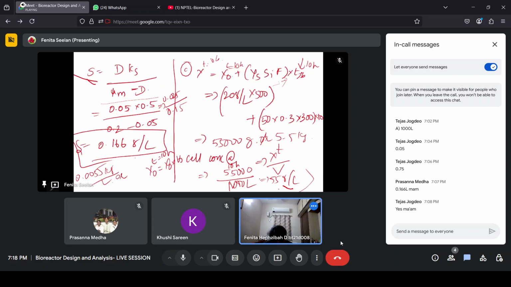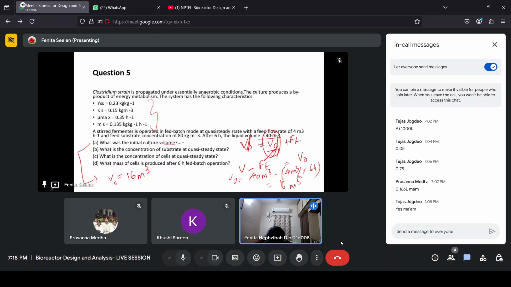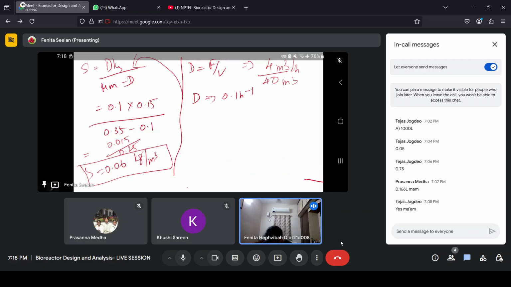But here you have been given a term called maintenance. Read the question carefully. It is telling that the culture produces a byproduct of energy metabolism. So it is linked to energy metabolism. So you cannot use the same formula as you have been using before. So what would be the formula?